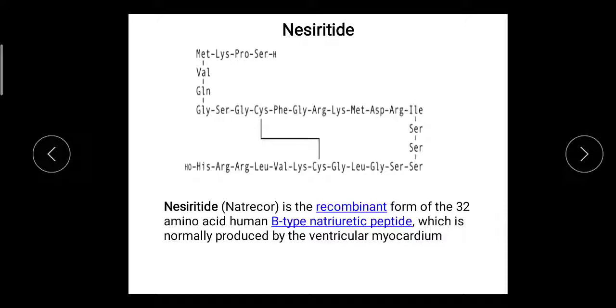Nesiritide, this is the structure of nesiritide, which is 32 amino acids in length.